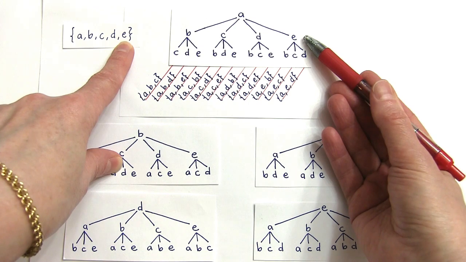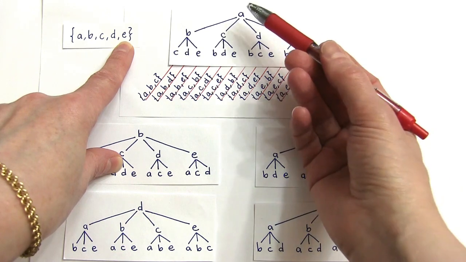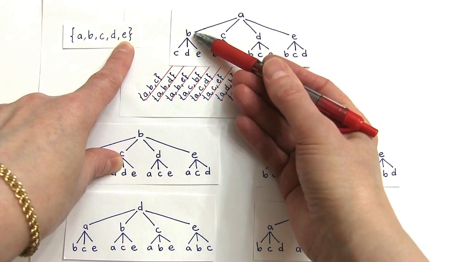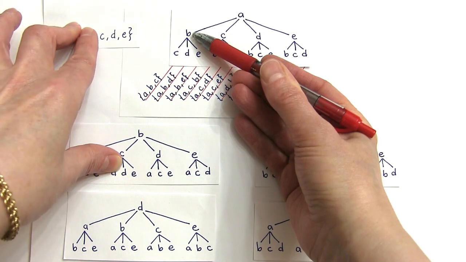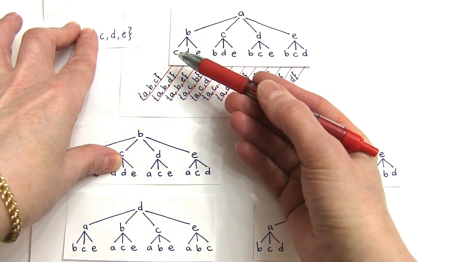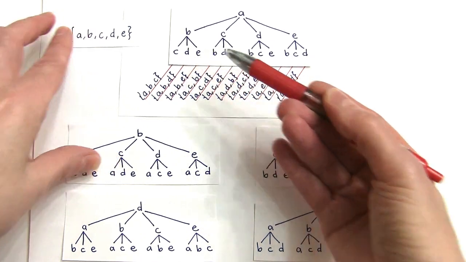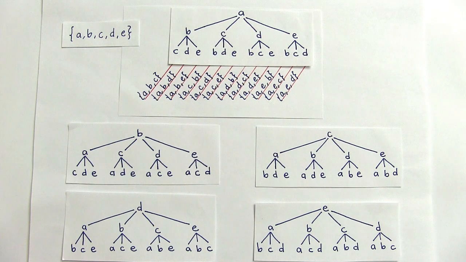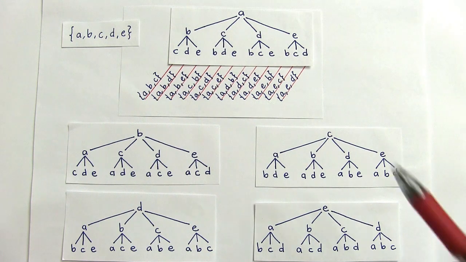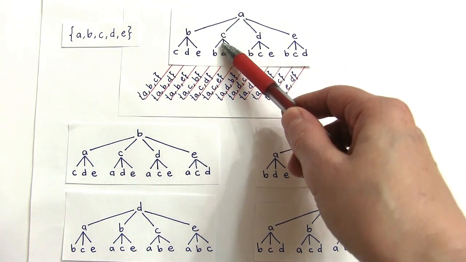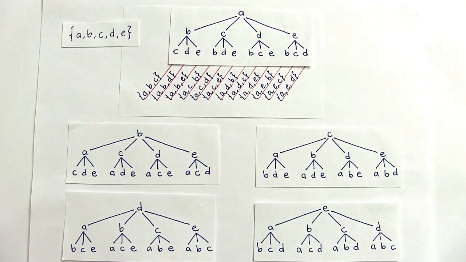And after that, in each case, there remain 3 ways to choose the third letter. For example, if my first letter is A and my second letter is B, then I have 3 letters left that I can choose for the third letter: C, D, or E. By following the path through the edges of the tree, from the root down to the leaves, we can read the subsets that we've found.